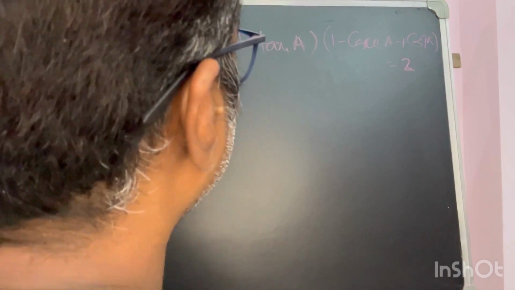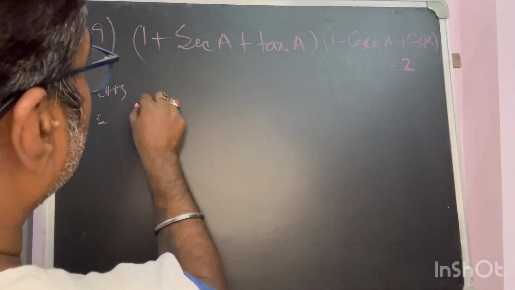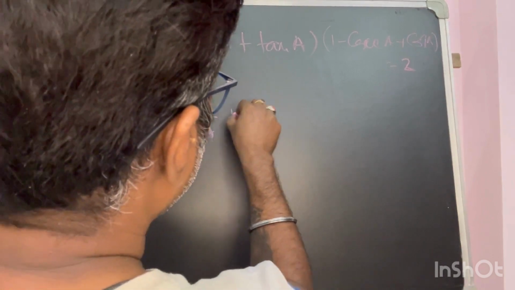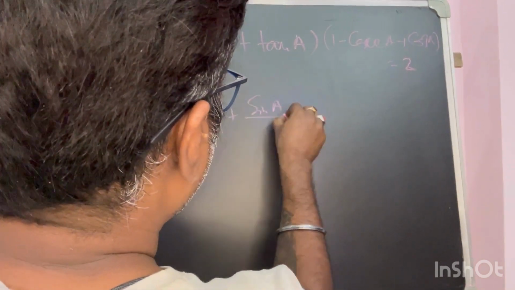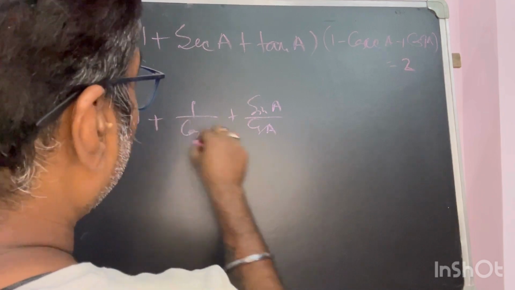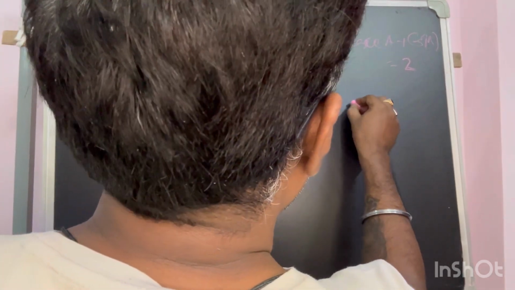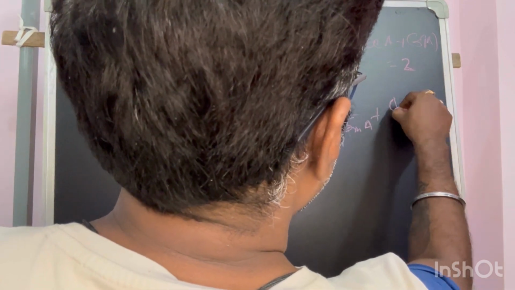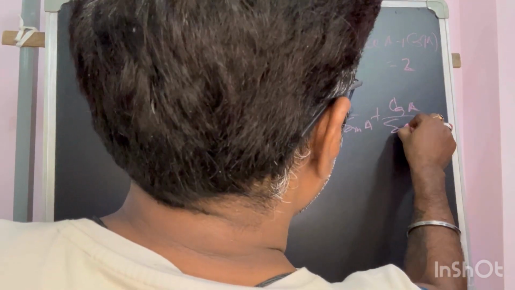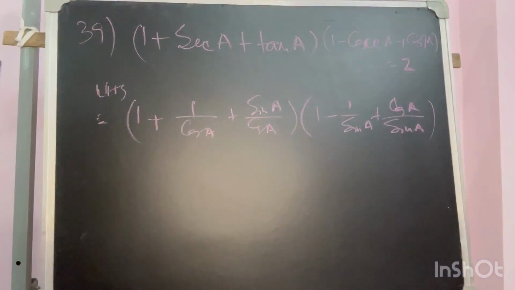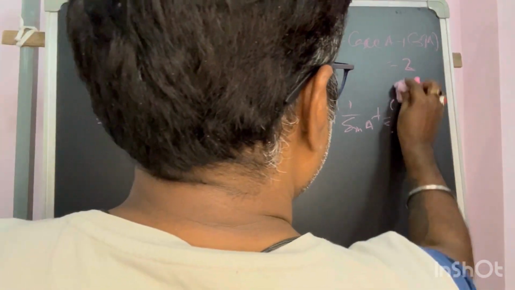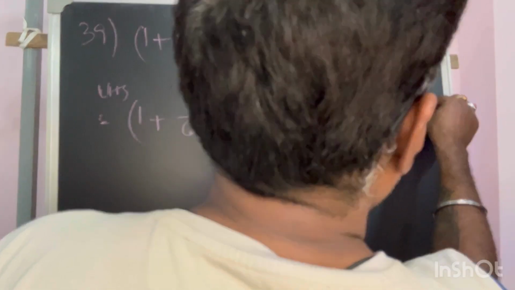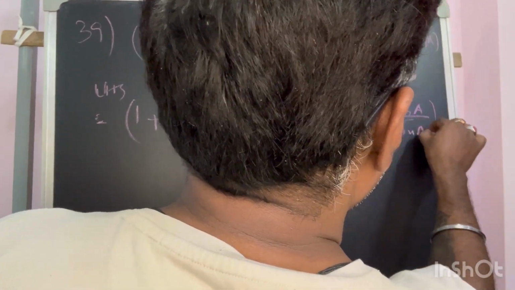So if we start from there, what I will do: 1 plus sec a means 1 plus 1 by cos a, plus sin a by cos a, and here I will get 1 minus 1 by sin a plus cos a by sin a.